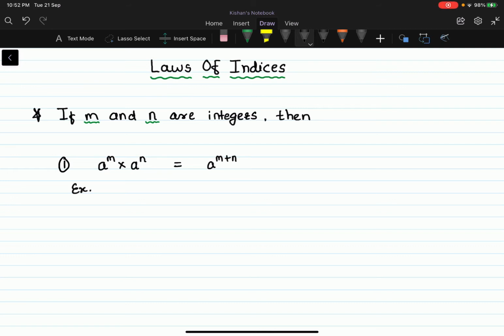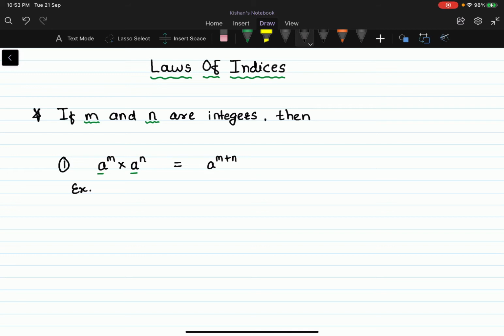Let's learn the first law. If m and n are integers, then a raised to m multiplied by a raised to n is equal to a raised to m plus n. Why? Here a is the base. If the base is the same, then we can add the indices.